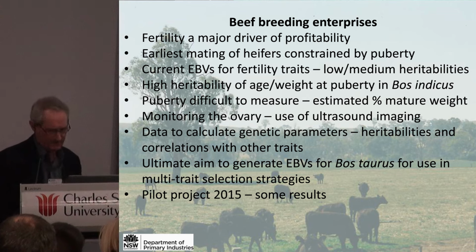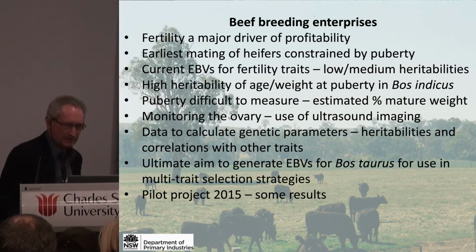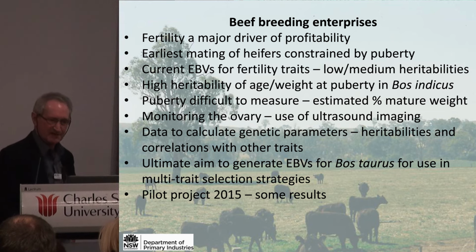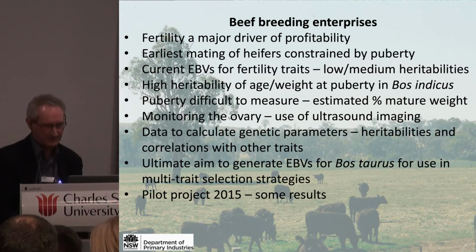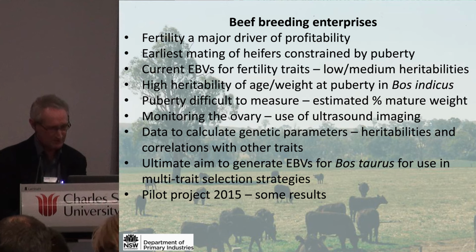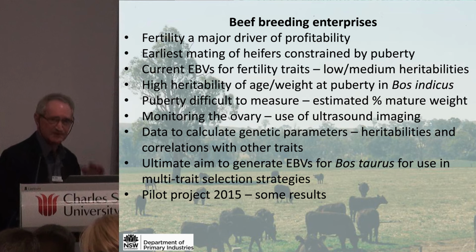Now, let me go back, I missed one. To get to the stage of calculating genetic parameters, you need mountains of data. So we've got to accumulate a fair bit of data that's representative of herds in the commercial industry. I mentioned before that the stimulus has come from work up north in Bos indicus types.